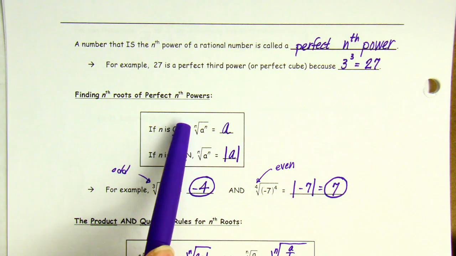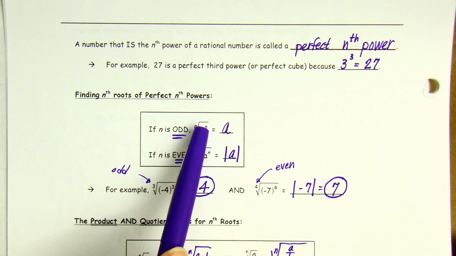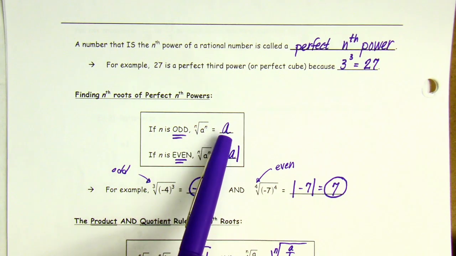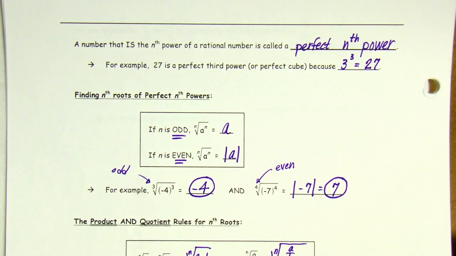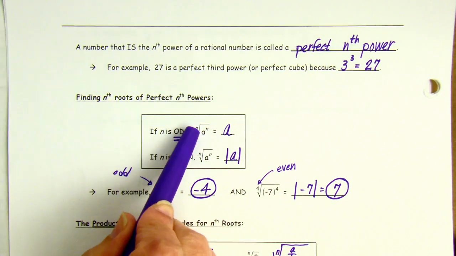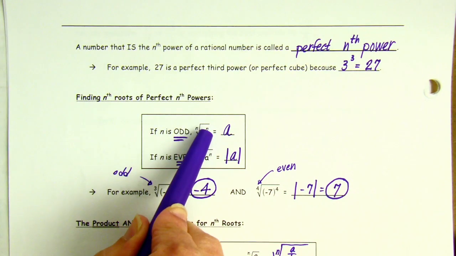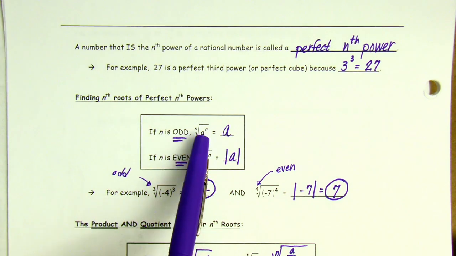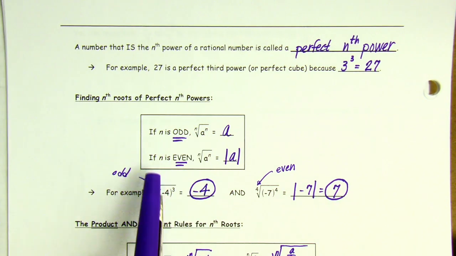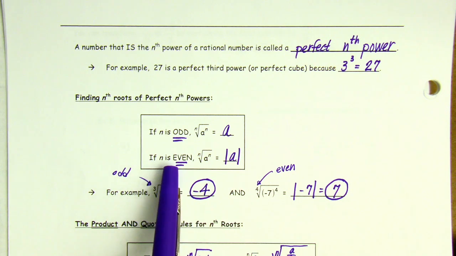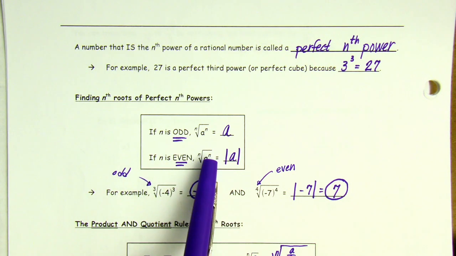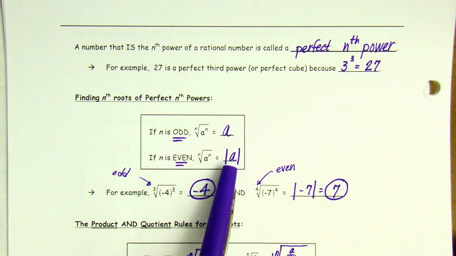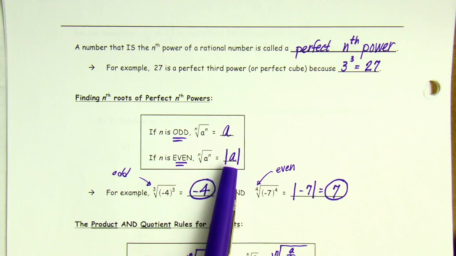Now, if I have the nth root of a to the nth power, that's going to equal a itself. You see, because the n here, the index, and the n here, the exponent, are going to be the same, and so it's going to equal the radicand, or a, that's inside the radical. If n is even, however, the nth root of a to the nth power is equal to the absolute value of a. You must use the bars.